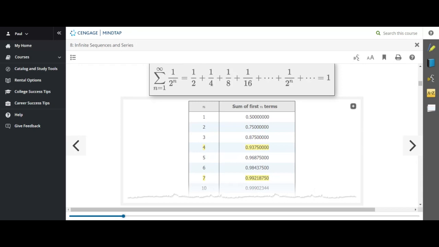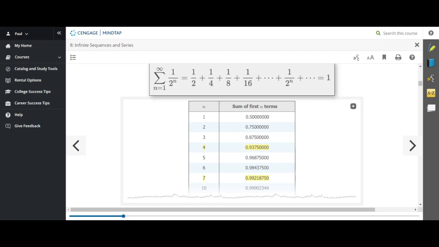When n is 3, the sum of the first three terms would be a half plus a fourth plus an eighth, which is the same as 0.5 plus 0.25 plus 0.125. That will equal 0.875.